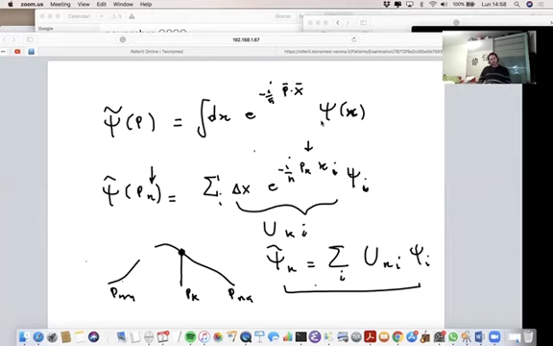So for each state, I have a wave function, fix the basis. If I'm using the position basis, I have the position state wave function. If I want to go to the momentum basis, I have to rotate, to transform that basis. And rather than using a rotation matrix, you use this phase matrix, which defines the Fourier transform.